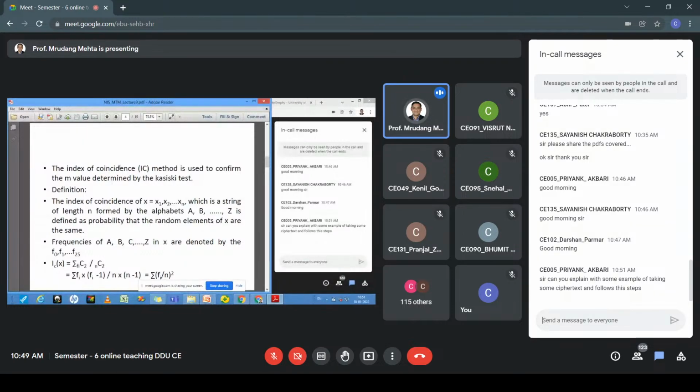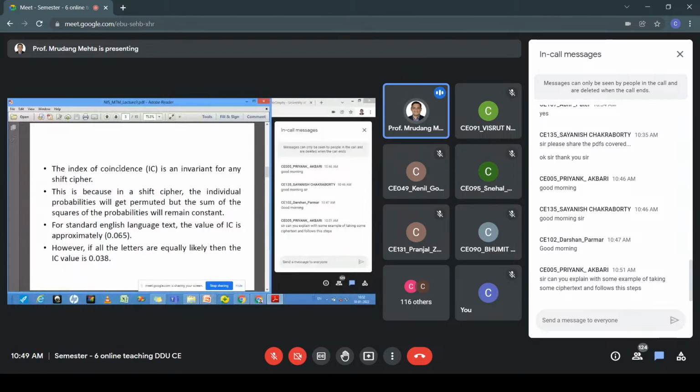But this point, that the index of coincidence method is used to confirm the M value determined by the Kasiski test, you have to answer in the context of the discussion. It may have several other applications also, but many of you have not written this point. It is used to confirm the M value. What is the M value? Key length.